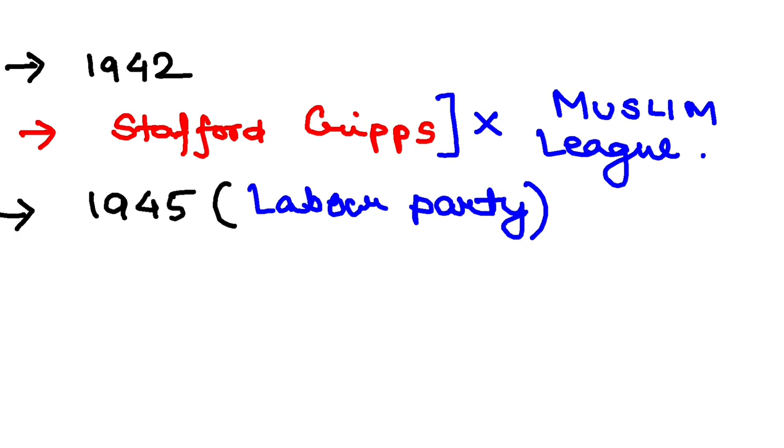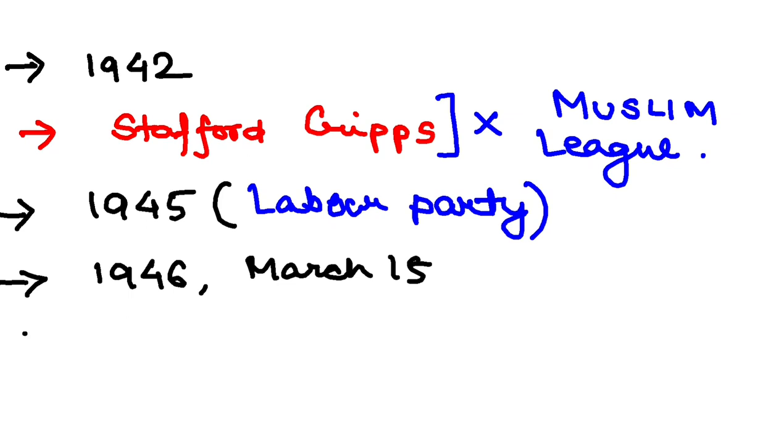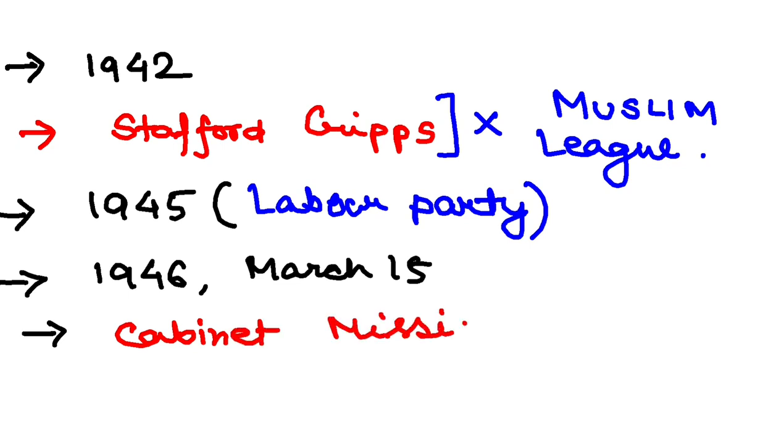So, in 1946, March 15, the Cabinet Mission came to India. A very important event in Indian history. They also considered the demands put forward by the Muslim League and it was accepted.